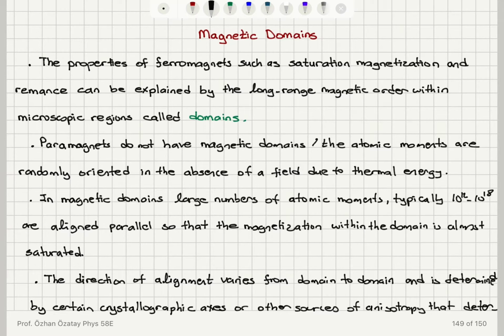However, this direction of the alignment varies from domain to domain and is determined by crystallographic axes and other sources of magnetic anisotropy that determine these axes on which the moments will be aligned, that are called the easy axes.